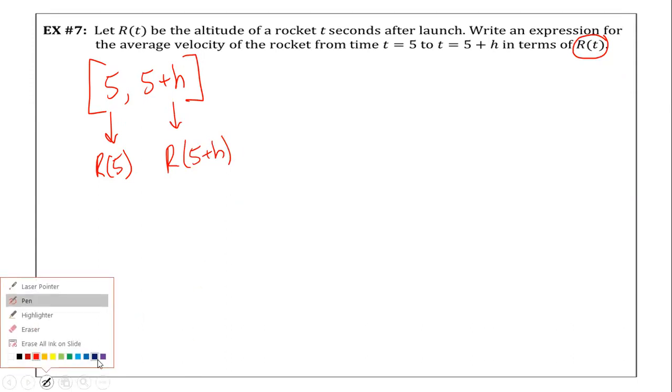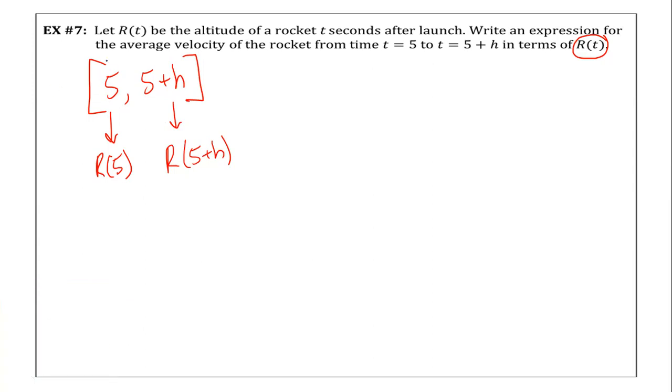So now you clearly have your X1 and your Y1, your X2 and your Y2. Can I find AROC with what I have?